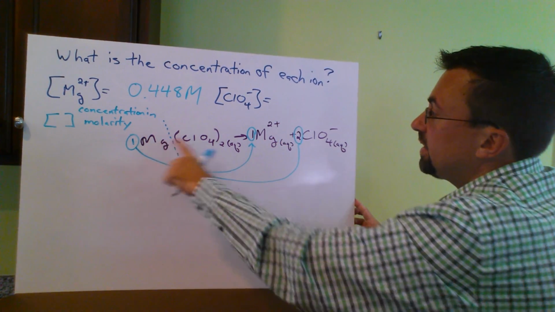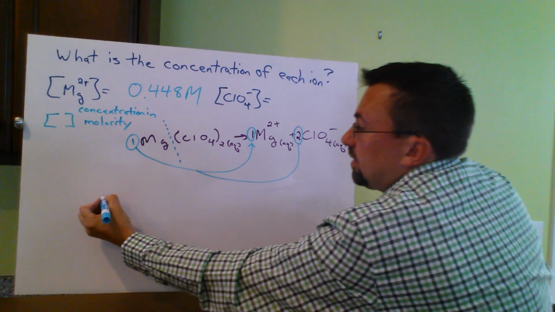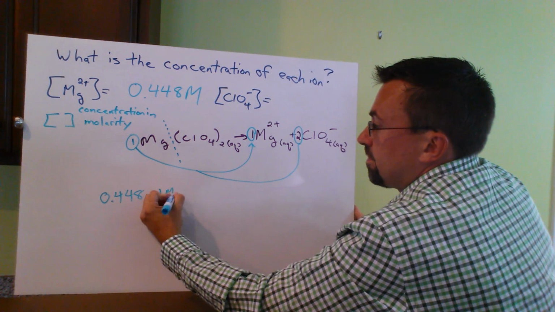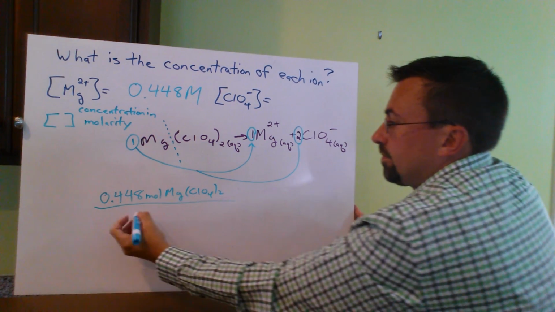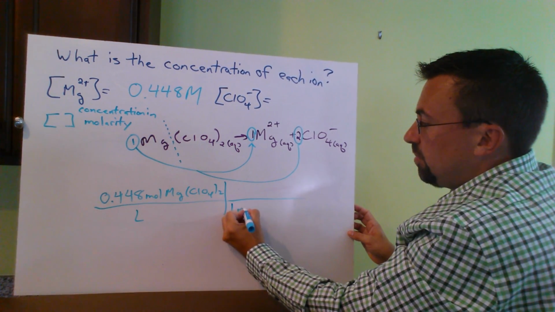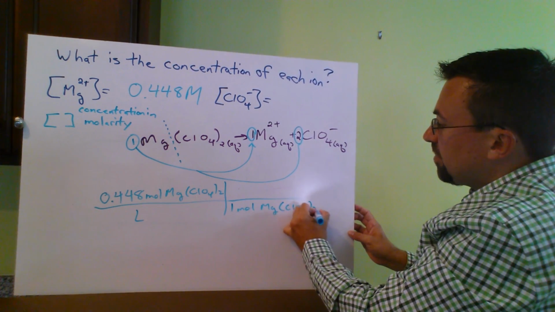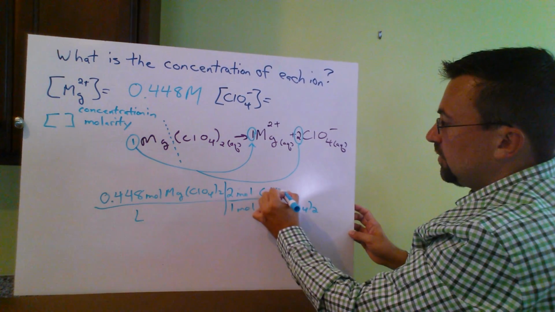Every 1 magnesium perchlorate gives us 2 perchlorate. So really what we would like to do is mathematically represent that. And what we really want to say is that every time we use a mole of our salt, salt being generic for ionic compound, we get 2 moles, or 2 units, of ClO4-.